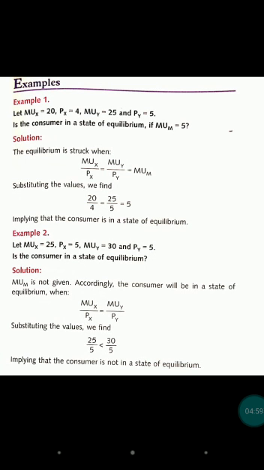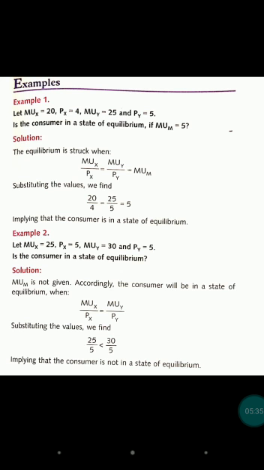We use the equation MUX upon PX equals MUY upon PY equals MUM. Solving it, MUX upon PX is 5, MUY upon PY is 5 and MUM is 5. So the equation is proved, 5 equals 5 equals 5, implying that the consumer is in the state of equilibrium.